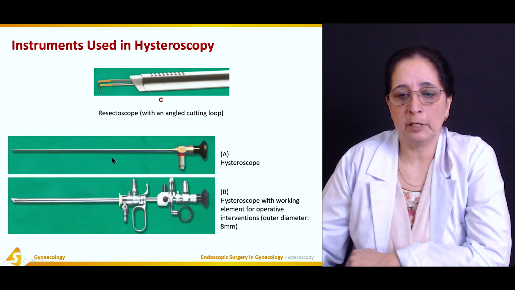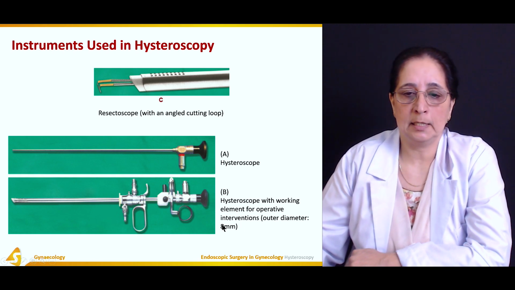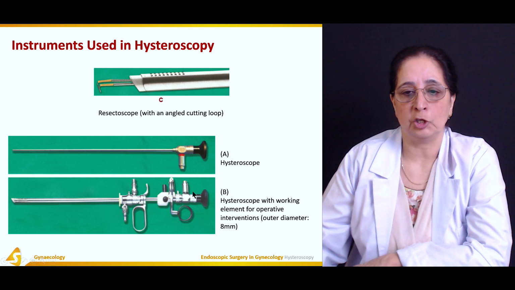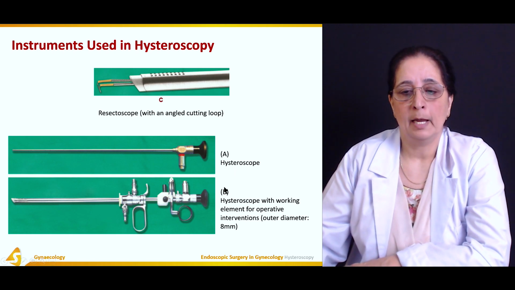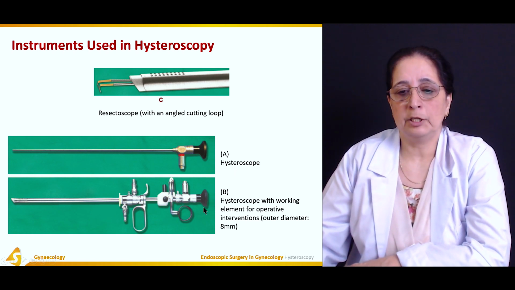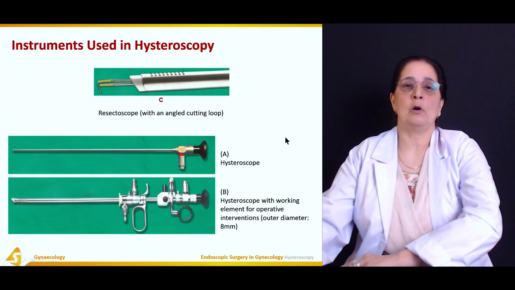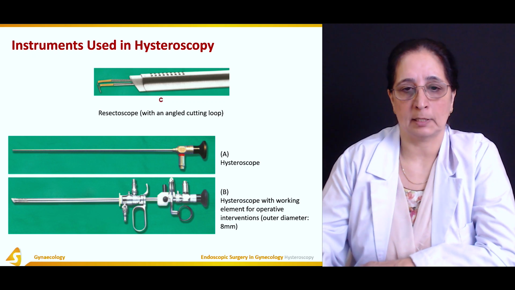In this picture, this is the hysteroscope with a working element for operative intervention. This is a hysteroscope that can also perform some operative procedures. So a simple hysteroscope, and a hysteroscope equipped with elements used for operative interventions.